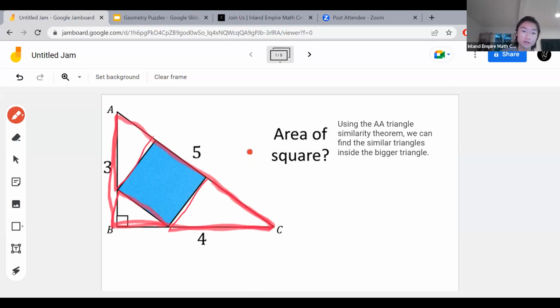All right, so now that we can all see these triangles, how can we prove that they're similar? Again, using the angle-angle theorem. That's what we're going to be trying to figure out. So can you guys try to find some of the angles here that would make these triangles similar?